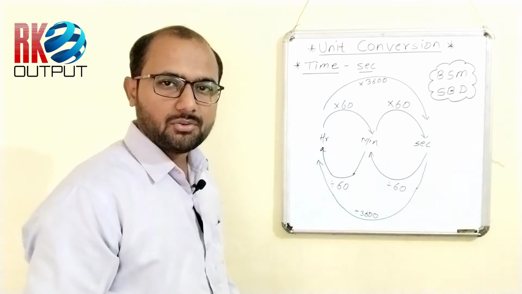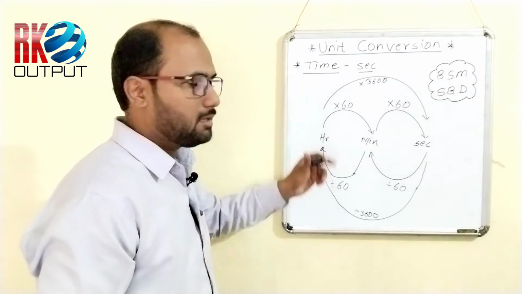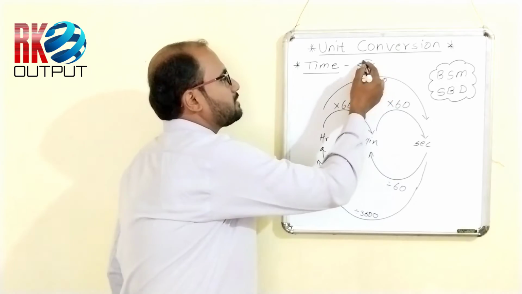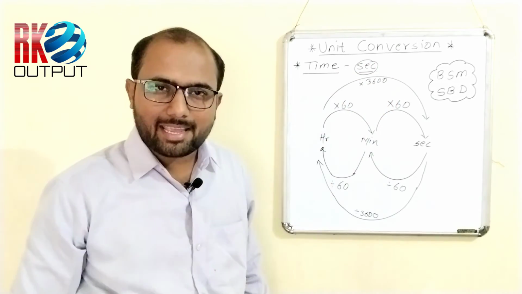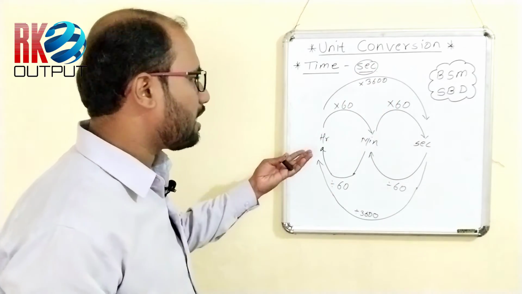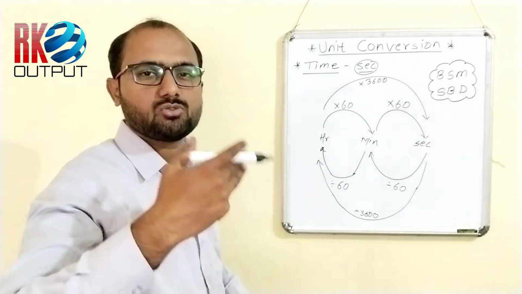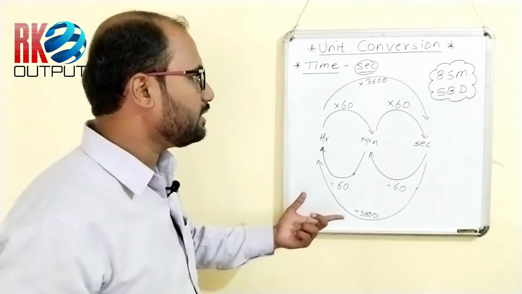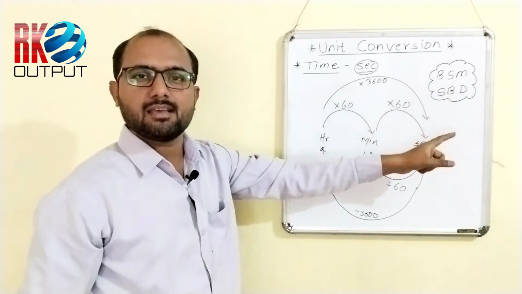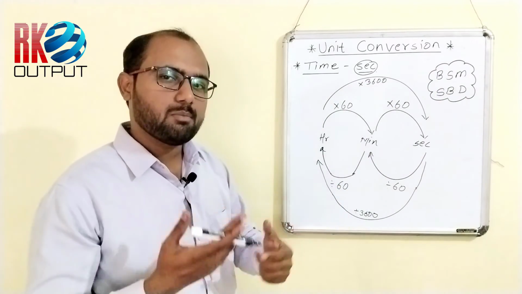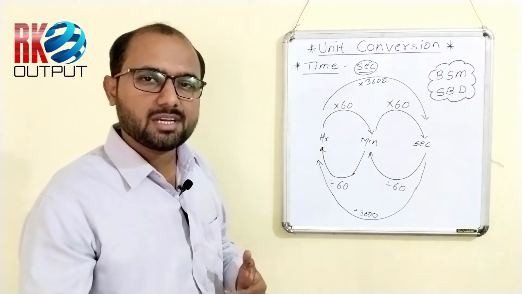Let us see the unit conversion for time. The SI unit for time is second. Here we have problems converting hours to minutes and minutes to seconds. The simple trick is BSM and SBD, but before that we should know who is bigger and who is smaller.